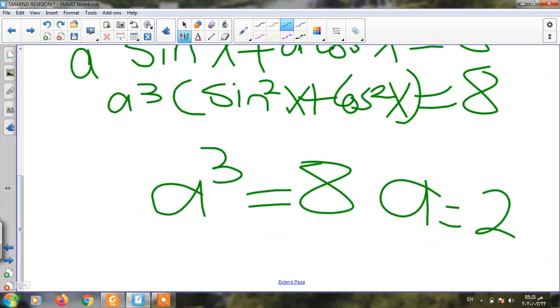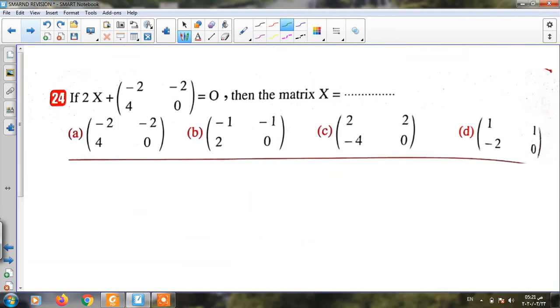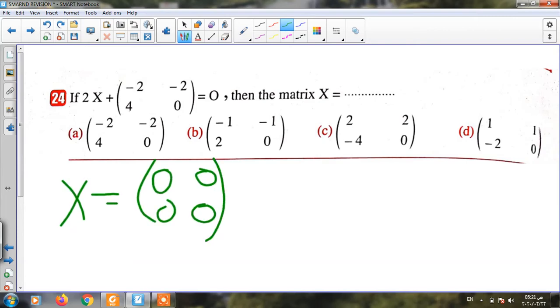Next question. 2x plus a matrix equals, oh, he's asking to find x. It's an easy question to solve. It's going to be O, which is the zero matrix, minus the matrix with negative 2, negative 2, 4 and 0, and this is 2x, not only x.